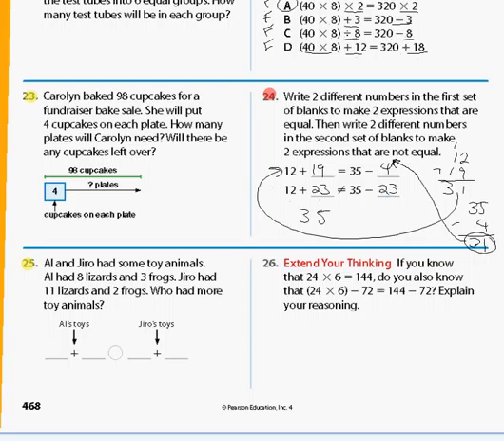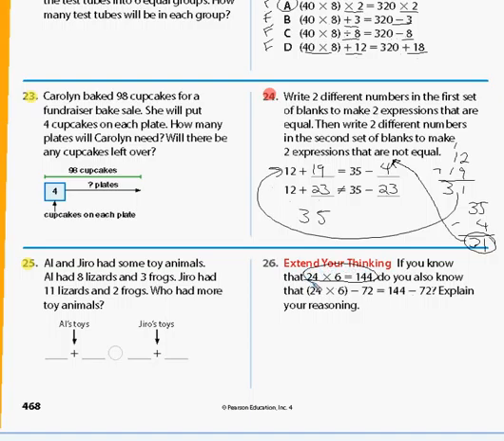And the last problem we're going to look at. If you know that 24 times 6 equals 144, do you also know that 24 times 6 minus 72 equals 144 minus 72? Explain your reasoning. We know it's true because we have the equation right here, and we already said that that's true.